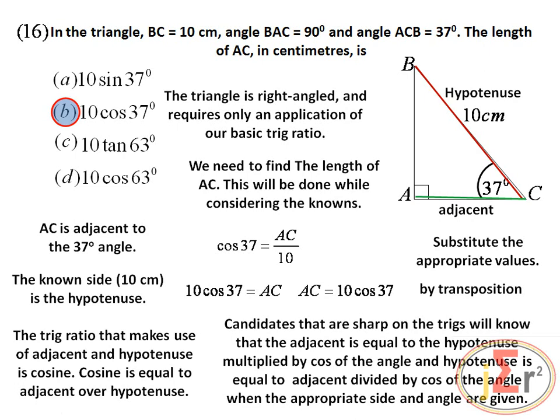And if we had the adjacent given and needed to find the hypotenuse, then the hypotenuse is equal to the adjacent divided by cosine of the angle. We can make use of that when we are solving multiple choice problems, which requires that we apply our principles in a short period of time.